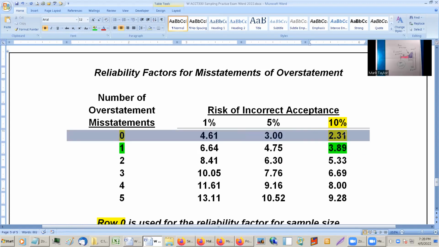Notice the basic precision was at 0, because that's if you have no misstatements. But now if we do have misstatements, we're going to go to the increment above this. So it'll be this minus that minus 1.